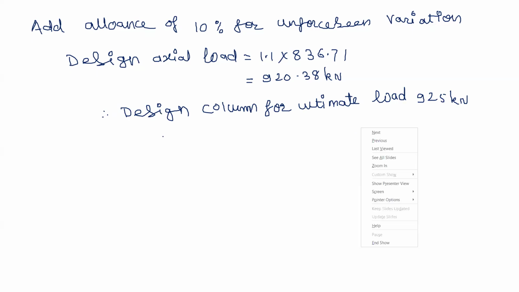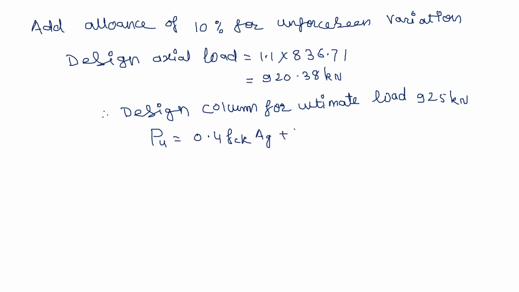Now we will start with, we know the formula. We have seen axial load. So we have PU is equal to 0.4 fck Ag plus (0.67 fy minus 0.4 fck) into Asc. Now put the values.